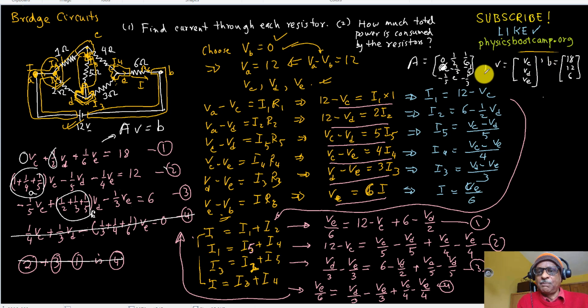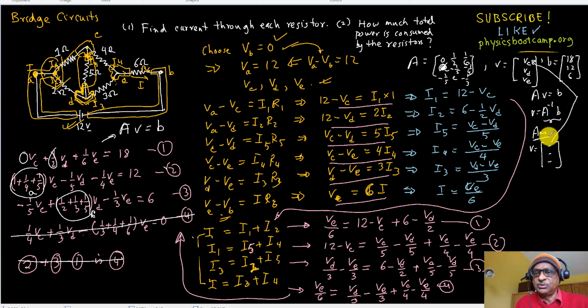So we have the equation AV equals B, and because these rows are all independent, we have full degrees of freedom here. So V is going to be the inverse of this matrix B multiplied by this, and that's your answer. V will come out to be 3 numbers, and these numbers correspond to VC, VD, and VE.